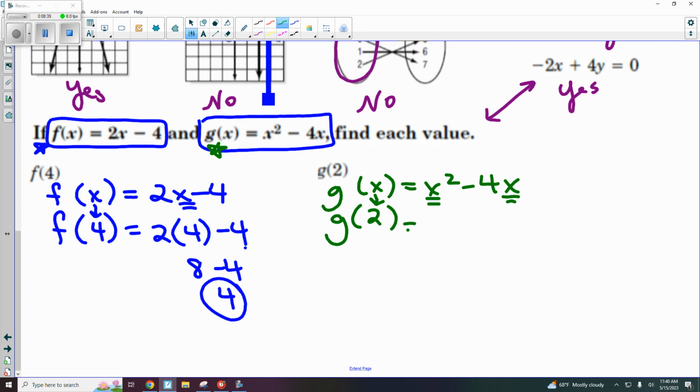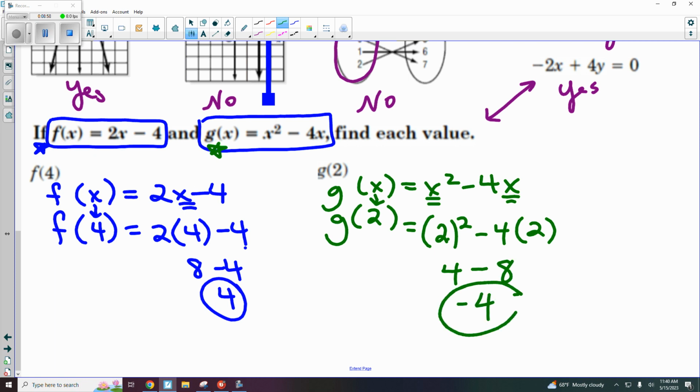So it's going to be 2 squared minus 4 times 2. And now once again, order of operations kicks in. We've got to do exponents first. 2 squared is 4. Minus 4 times 2 is 8. 4 minus 8 is a negative 4. And once again, we're good. So anytime it's function notation, it's just substitution.